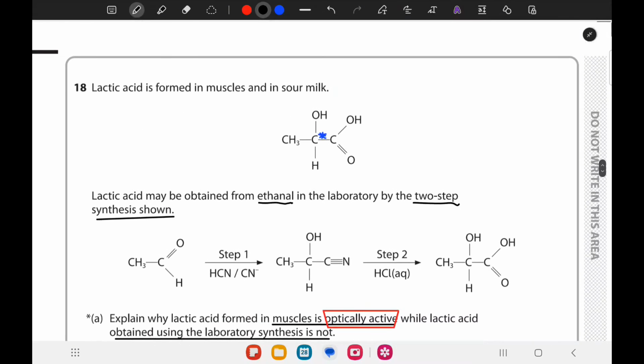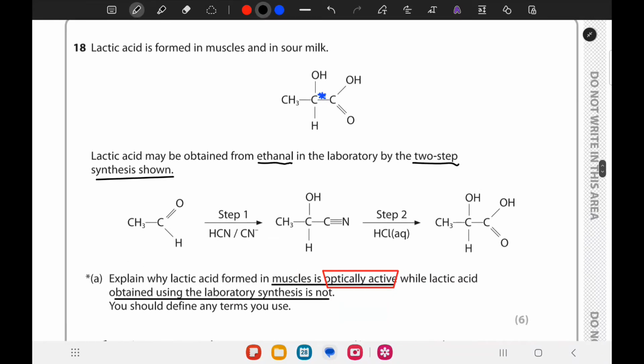So in optically active compounds, there are 2 types of them. One is positive enantiomer and the other is negative enantiomer. So we have positive enantiomers and negative enantiomers.